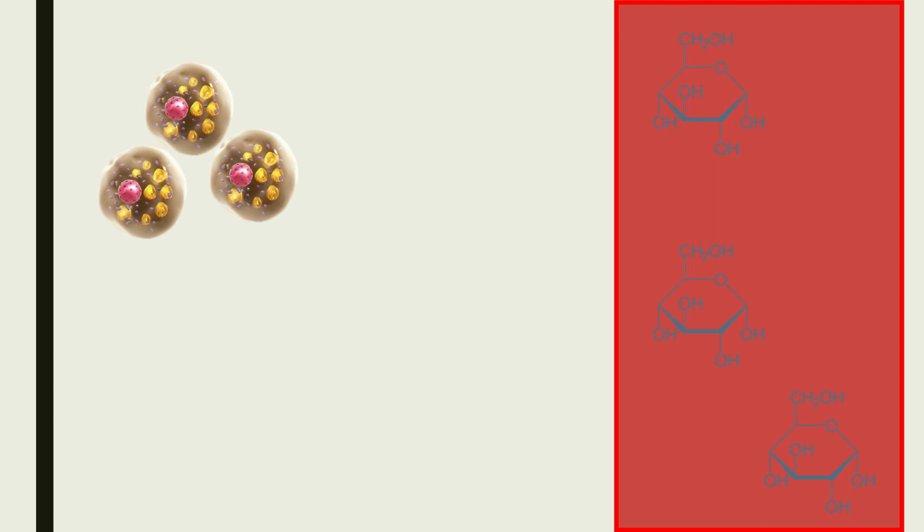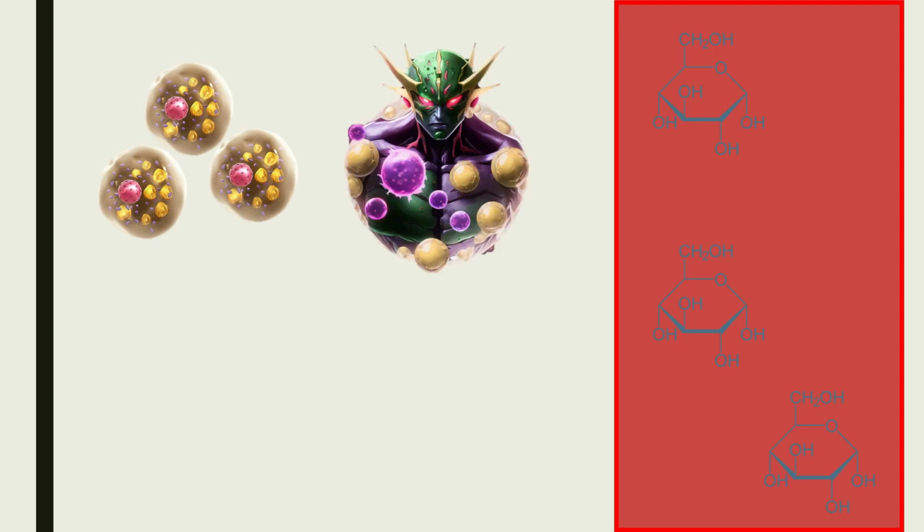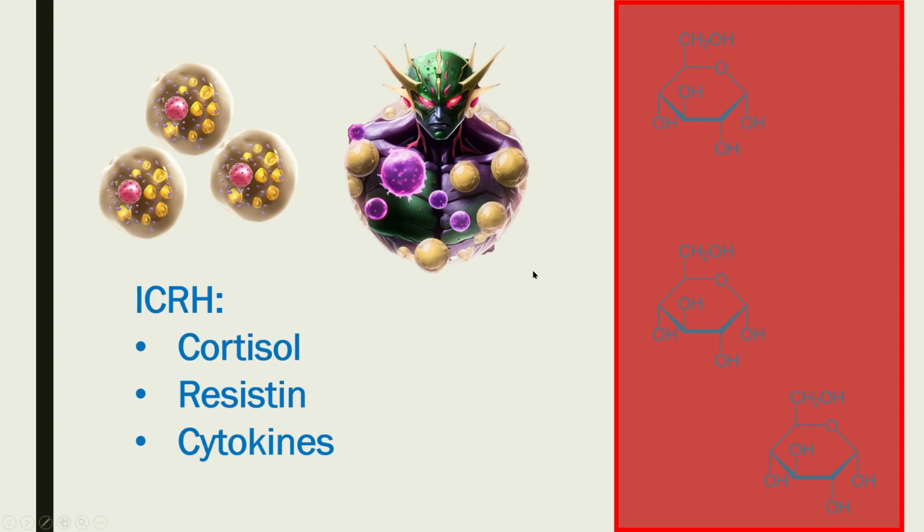They can't store any more energy, so they transform into adipocytes that don't like glucose anymore. And so these new adipocytes start secreting massive amounts of counterregulatory hormones, mainly cortisol, resistin and cytokines. So essentially what they are trying to do is saying, no more. We are not going to keep listening to insulin. Insulin has brought us to a state where we have too much energy stored. We have to stop this process.